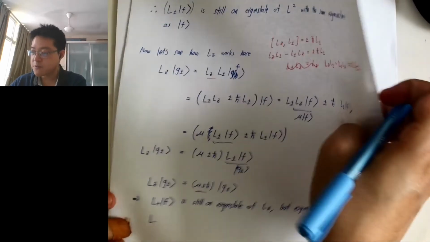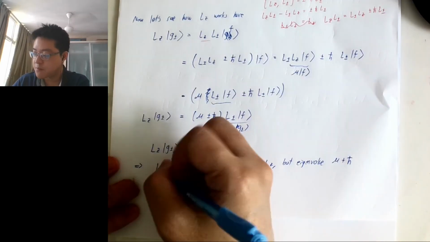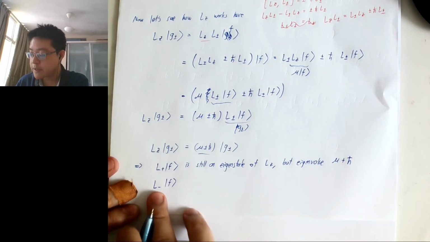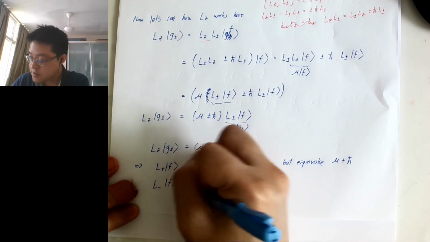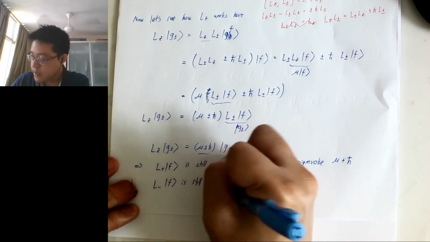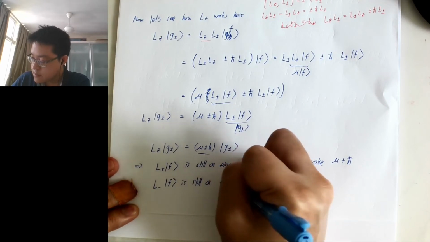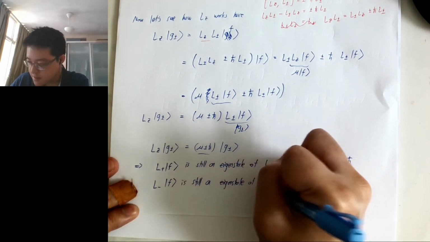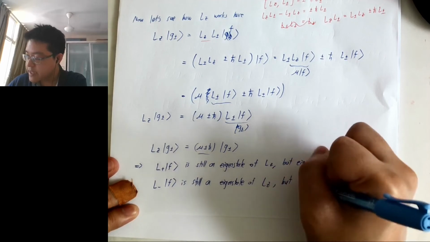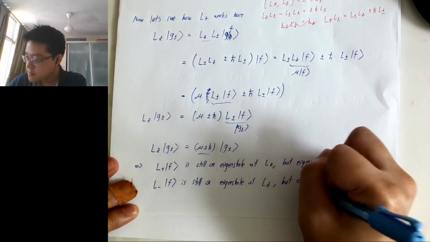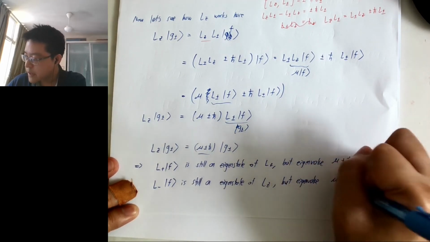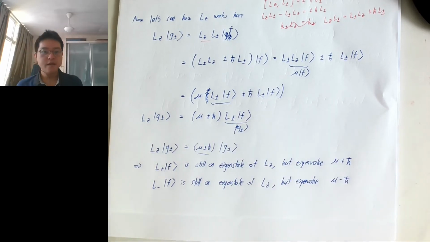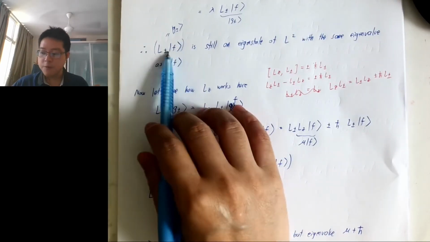We did this twice, right? We did both at the same time. If I do L minus, it is also still an eigenstate of Lz again, but now the eigenvalue decreases by h bar. Okay, so what is this state?